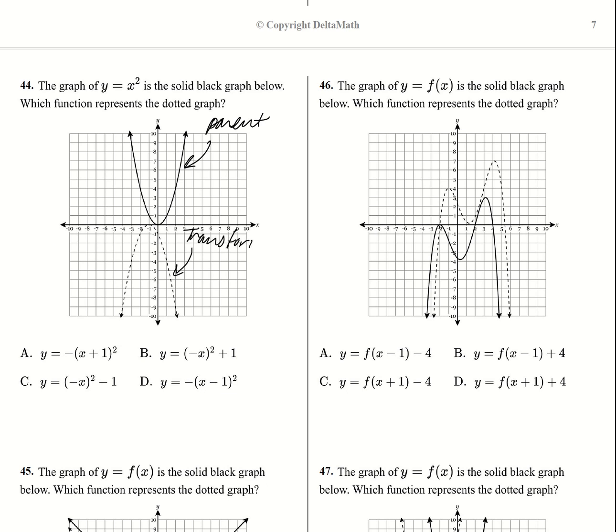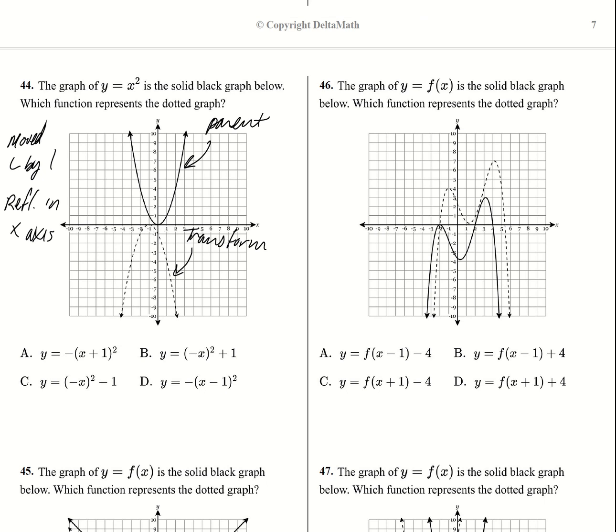And so they're asking, what would the transformed function look like relative to the parent function? So if I were to ask you to describe in words what the transformation is, you should say it's moved left 1, and it's reflected in the x-axis. See how it's a mirror image and then moved to the left by 1.